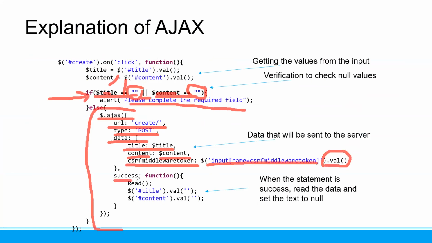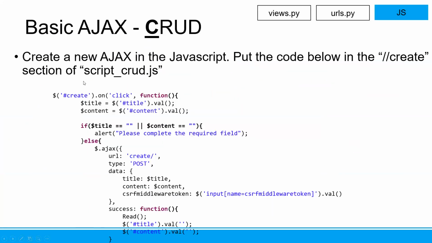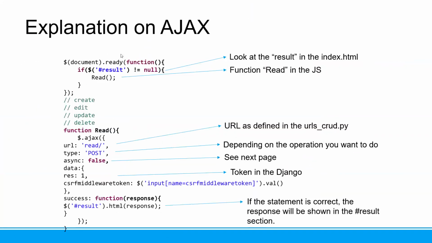If it is a success, then I would like to read. Read means the function that we can read data. So the read is the function that we have here. We are going to read the data again. After we save the data, there will be new data.